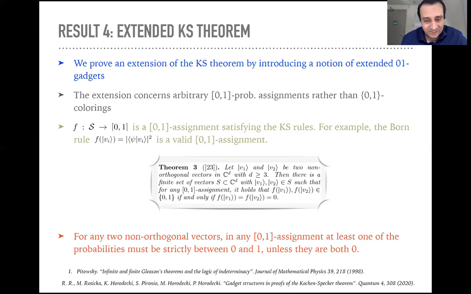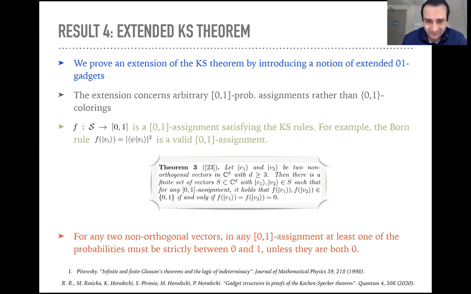So the extension of the Kochen-Specker theorem asks for an assignment in the interval from 0 to 1, such that there are these two distinguished vectors that if you insist that both of these two vectors be assigned values in either 0 or 1, then it's only possible if both of these are assigned values 0.